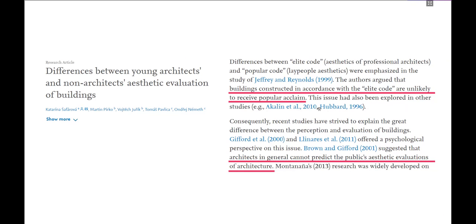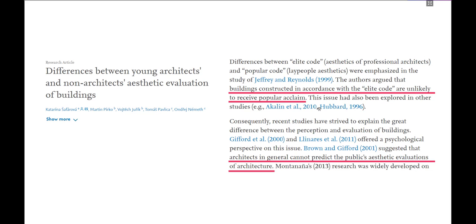Because we came across a lot of studies which concluded that, for example, buildings constructed with the elite code of design principles of architects are unlikely to receive popular acclaim. And these are pretty well received research papers.